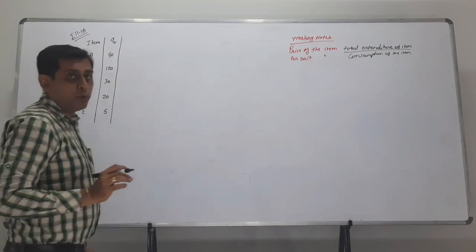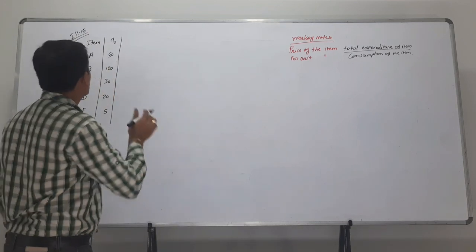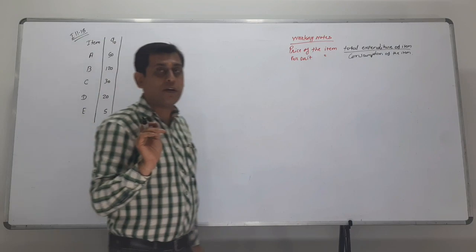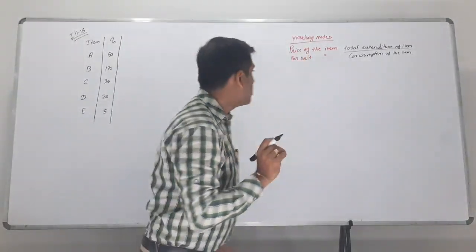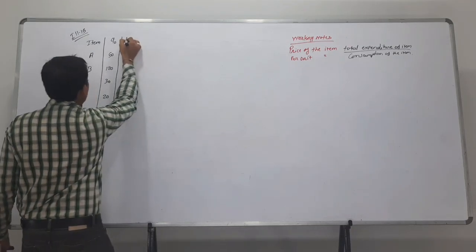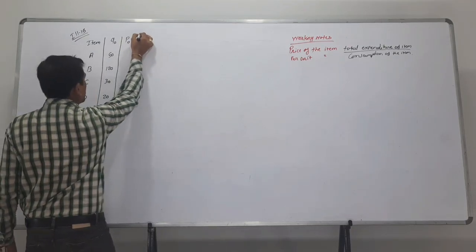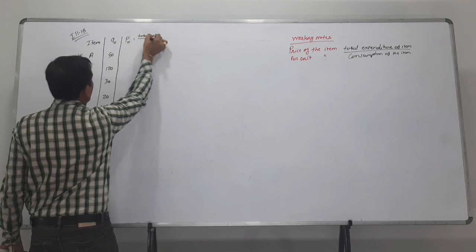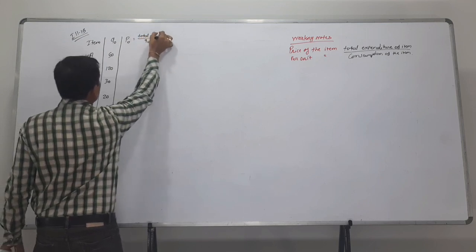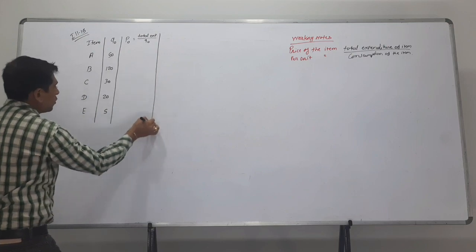That is Q0. Now total expenditure is given and we have to find out P0, that is price. So what is the formula for that? P0 is equal to total expenditure divided by Q0.